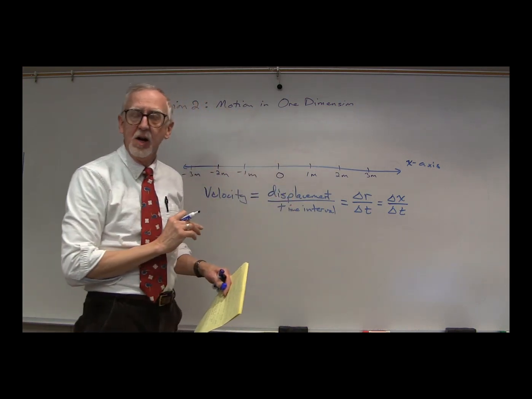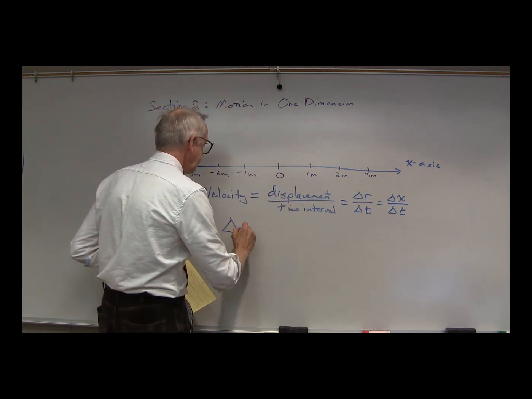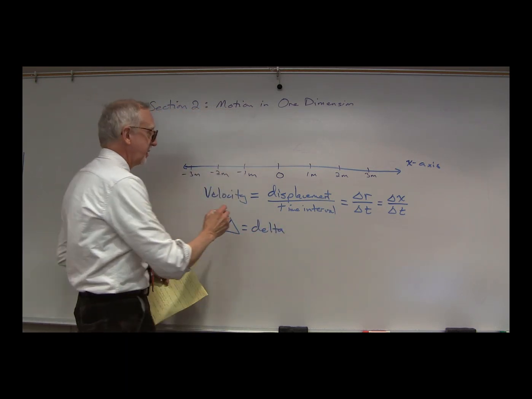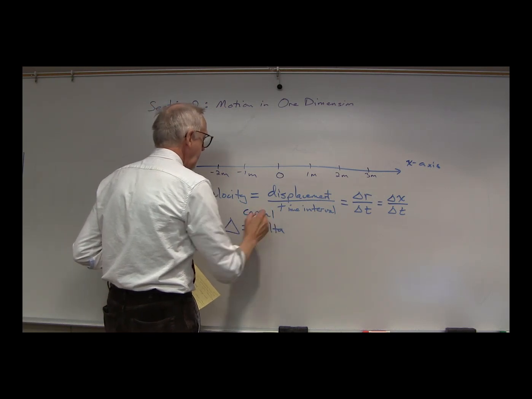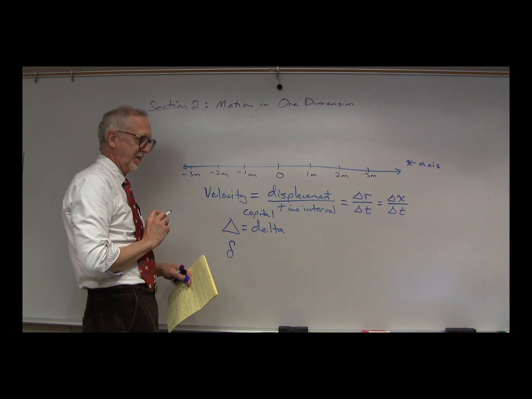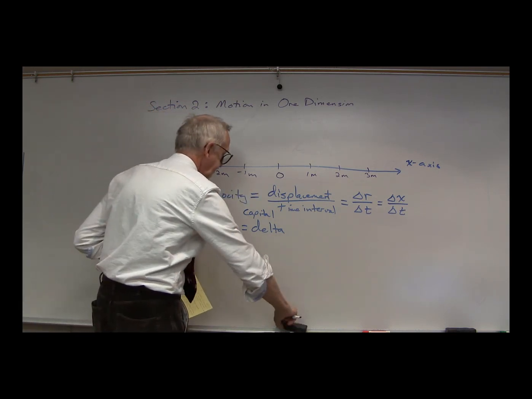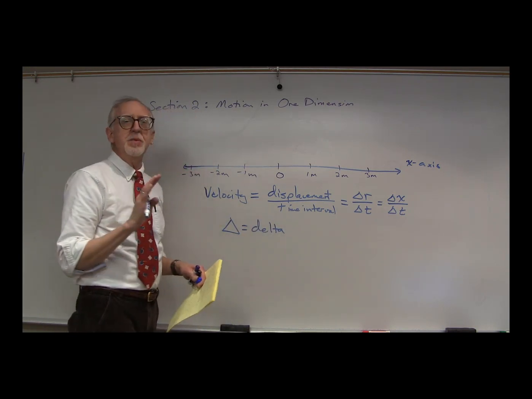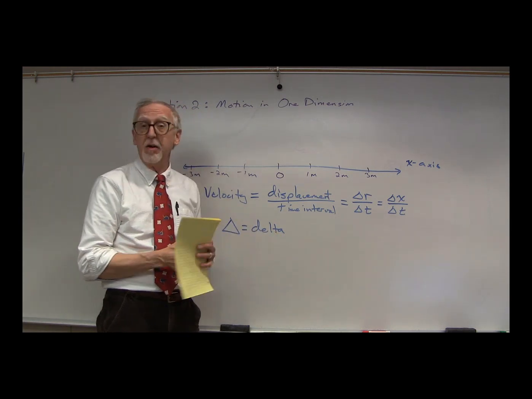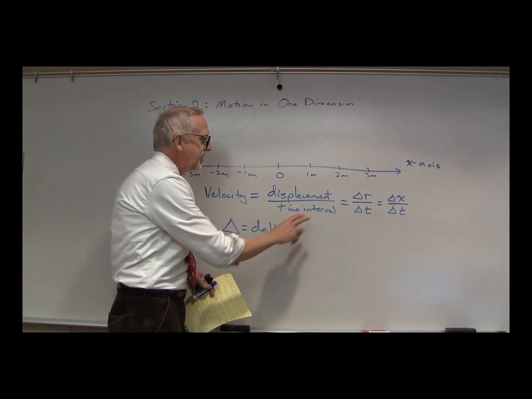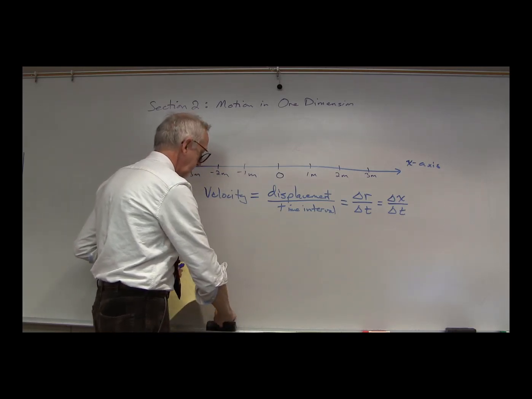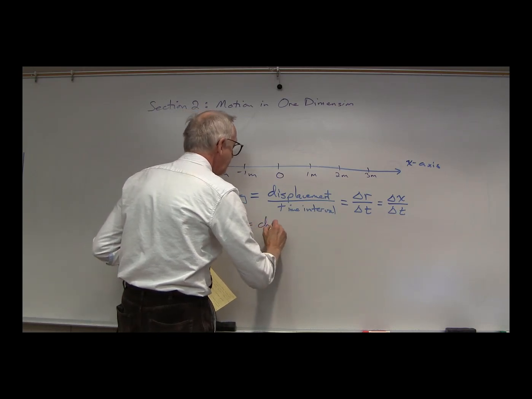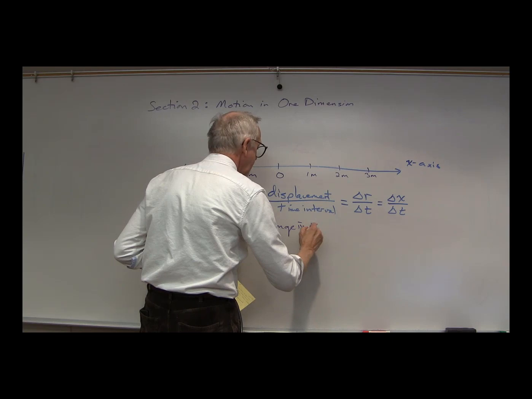Now I'm using a symbol here, the Greek letter delta. It just looks like a triangle. It's actually a capital delta. A lowercase delta looks something like that. But in this case, it's a capital delta. I'll just typically refer to it as delta. This is going to be a symbol that we will use very often, over and over again. Whenever we take delta of something, like delta x, that means the change in x.